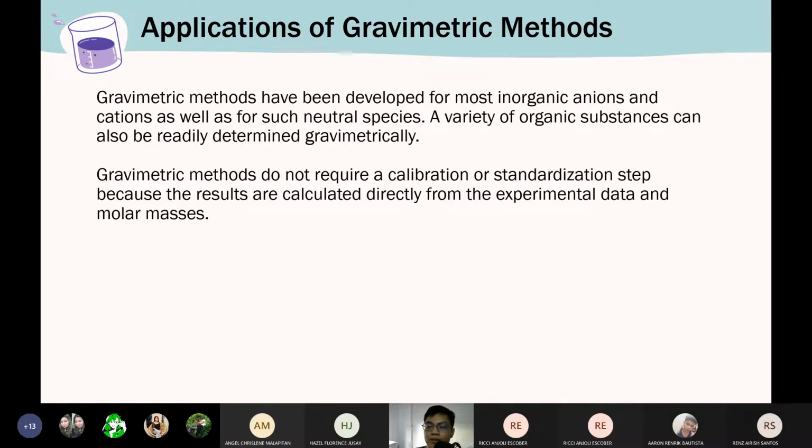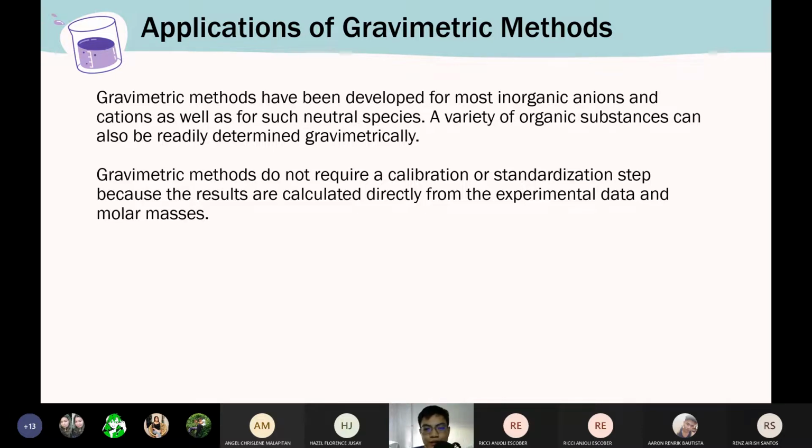In titration kasi may standardization pa ng titrant, no? In electrochemistry, you calibrate your instrument pa, your pH meter, calibration yon. In chromatography, ganun din. May standardization and calibration din. UV-Vis, lalo na doon, may standardization and calibration din. Okay? So, gravimetric is one of the best.